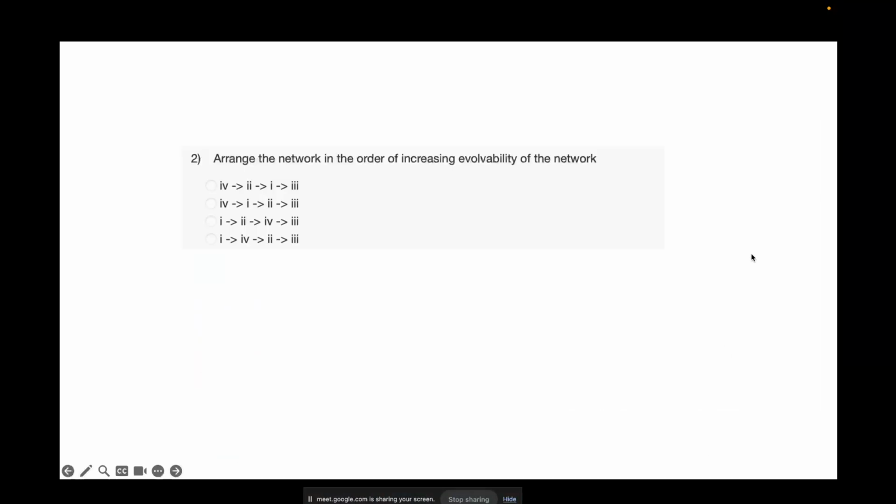Okay, so let's discuss this. The question is to arrange the networks in order of increasing evolvability of the network. Evolvability is basically a balance between robustness and flexibility.